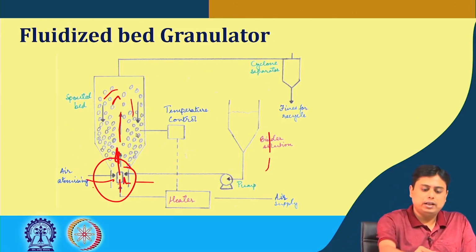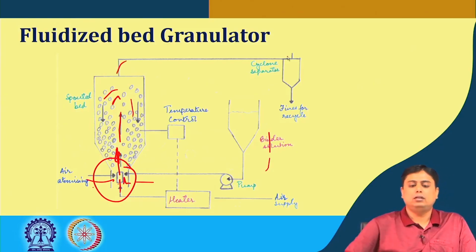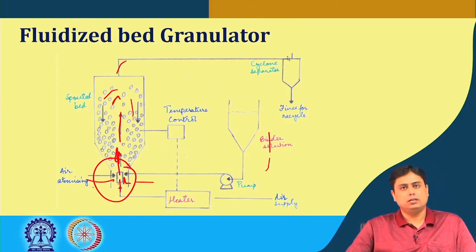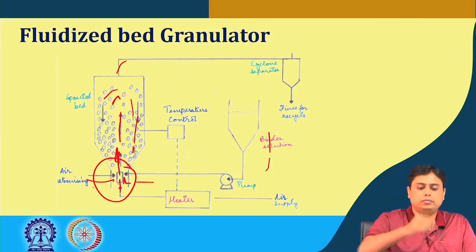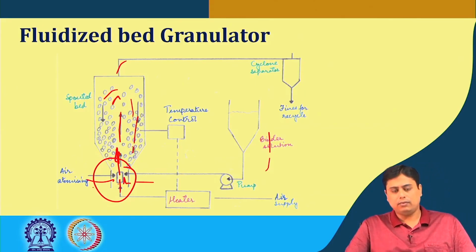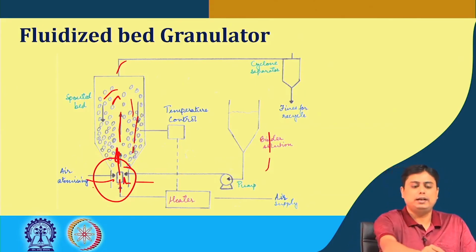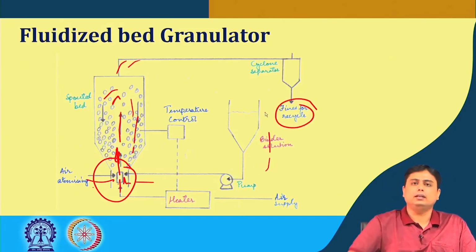We can control the temperature and have the finer particles recycled. Finer particles are not the desired product, since we are doing size enlargement of the finer particles. The desired size particles will be collected at the bottom and the finer size particles will be collected at the top, which will again go to the recycle.